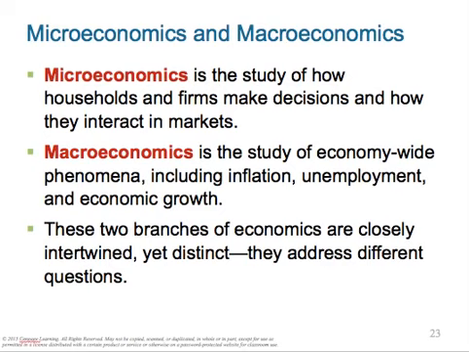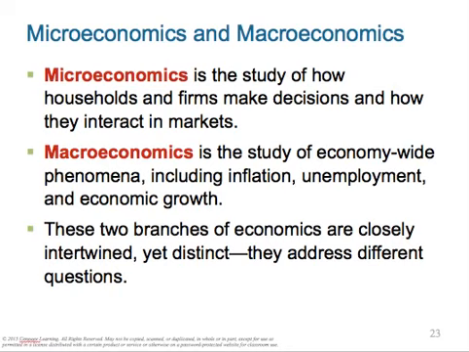Now, looking at the two main forms of economics, micro and macroeconomics. Microeconomics is the study of how households and firms make decisions and how they interact in markets. Conversely, macroeconomics is the study of economy-wide phenomena, including inflation, unemployment, and economic growth.